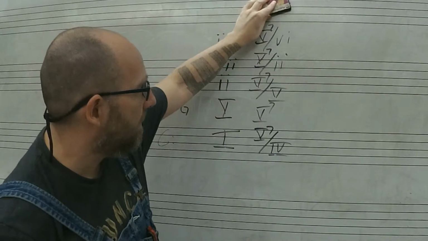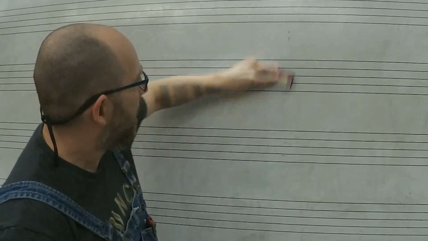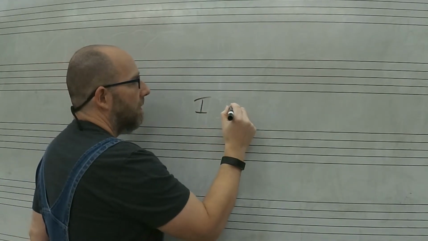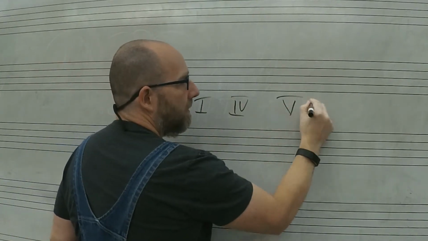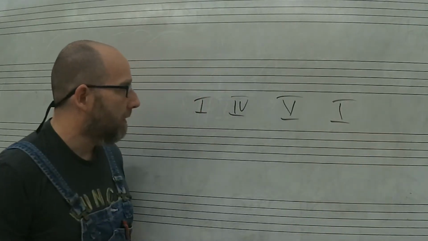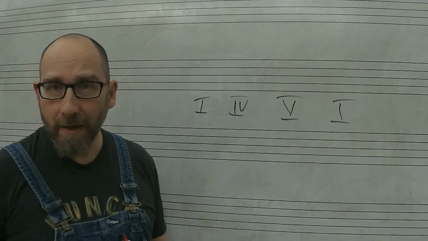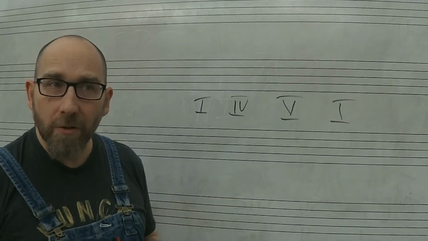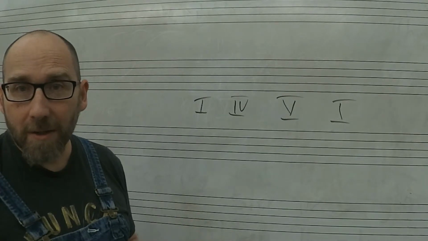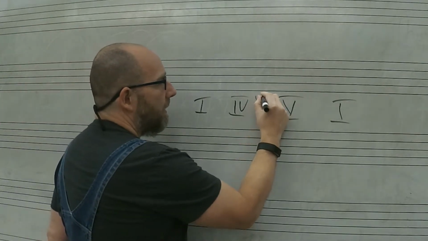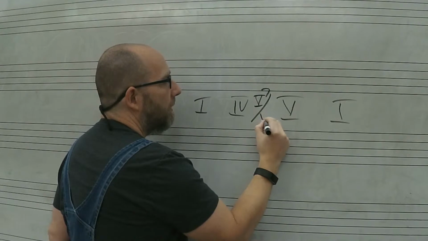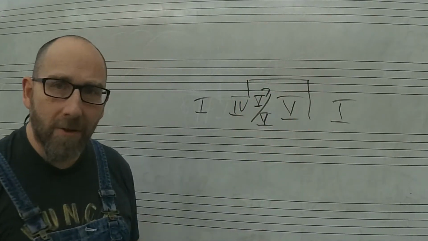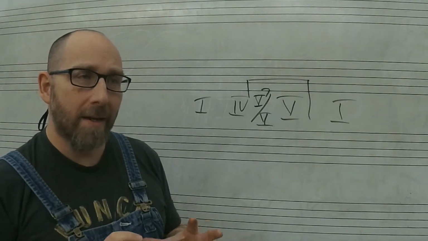But there's another way to use these secondary dominants, and that is to take any progression that follows your chord map, and you can decorate one of these chords or expand one of these chords to make it more important or more interesting or just to draw a little extra attention to it. You can put in a secondary dominant on a chord as a decoration. Now, these two chords are kind of functioning together as a larger unit.